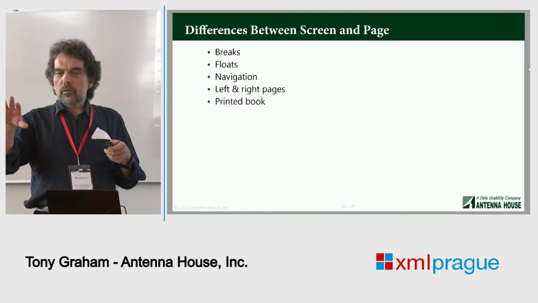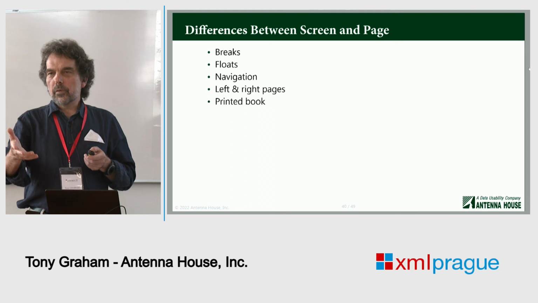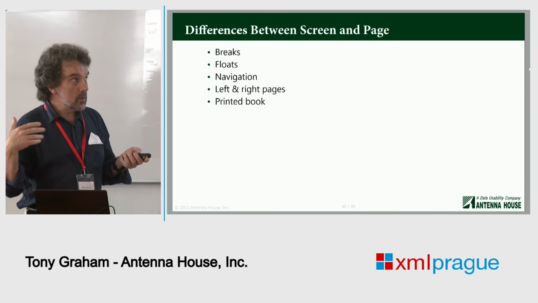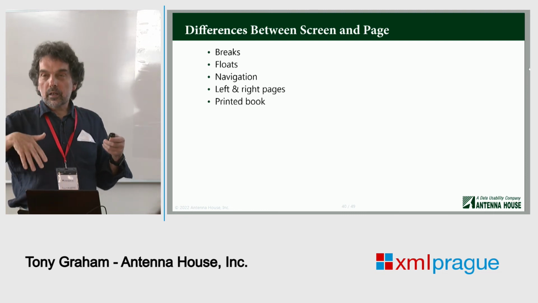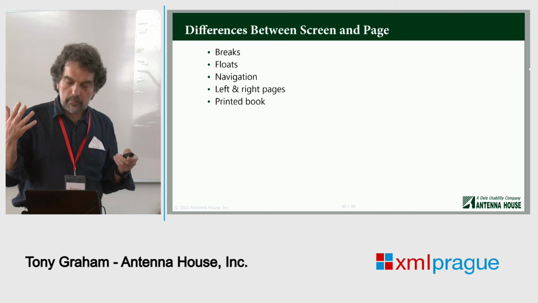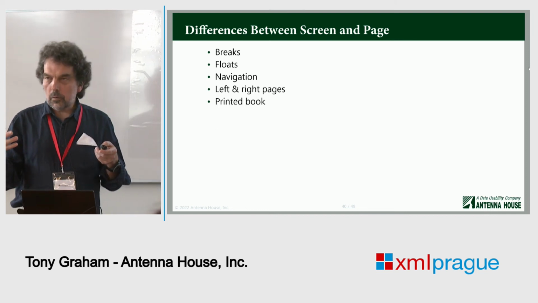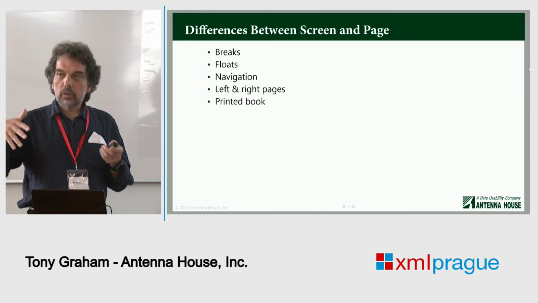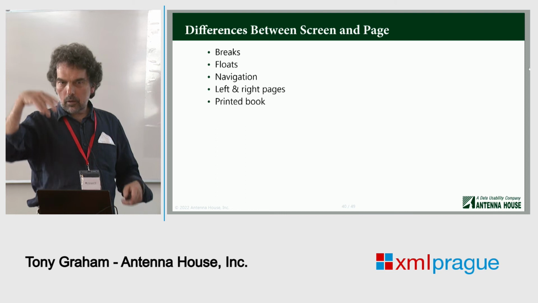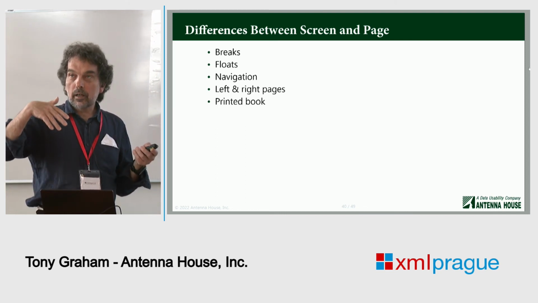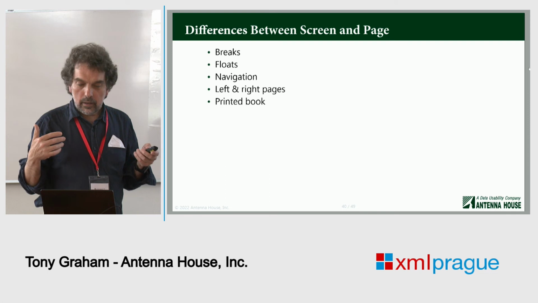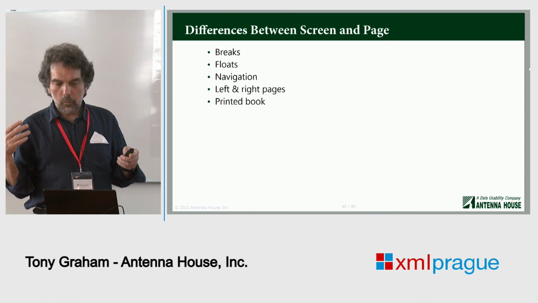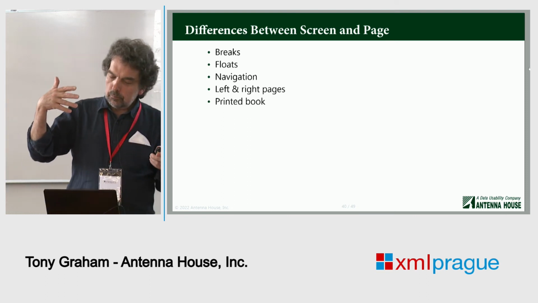And now we're going to get into some of the philosophical differences between content for the screen and content for the page. The first of these will be breaks, because obviously page media is broken up into pages. Floats: you can float content on a page more than you would in a long CSS document, because if you floated everything to the top or the bottom, then you'd easily lose track of what the graphic is and what it extends to.